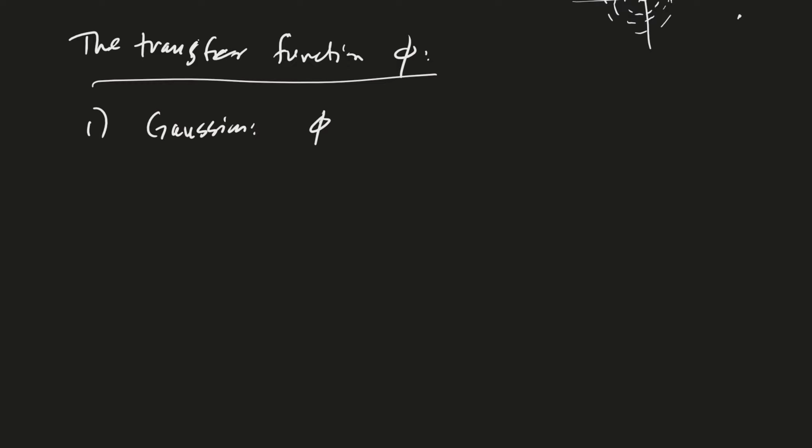So phi is actually going to take on a value r and a parameter sigma, and that's our width parameter, by the way. So that's going to be e to the minus r squared over sigma squared, to keep it standard.